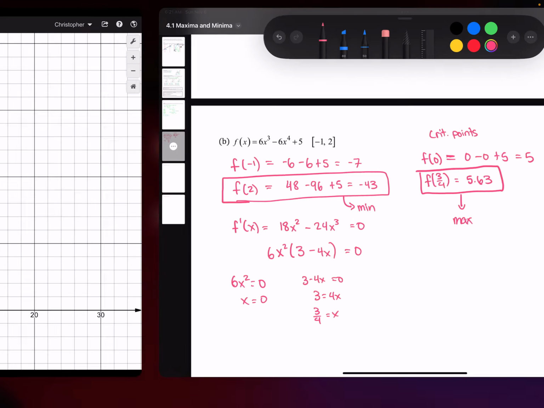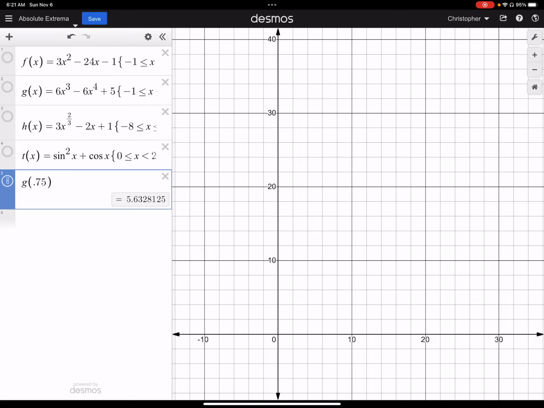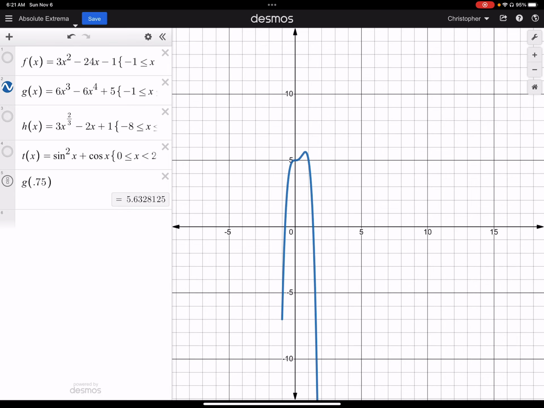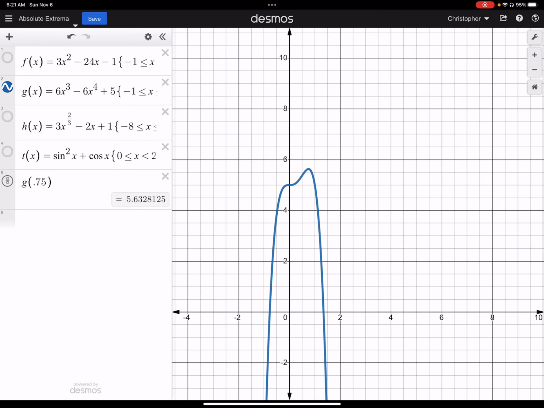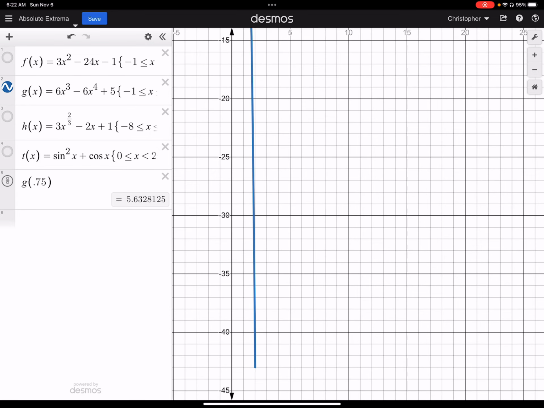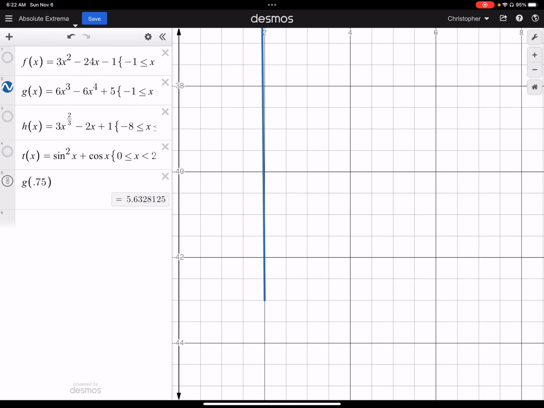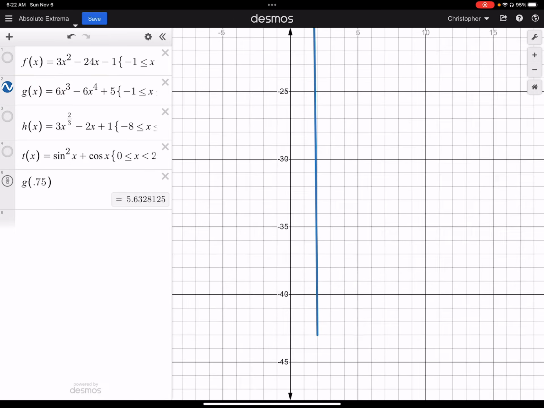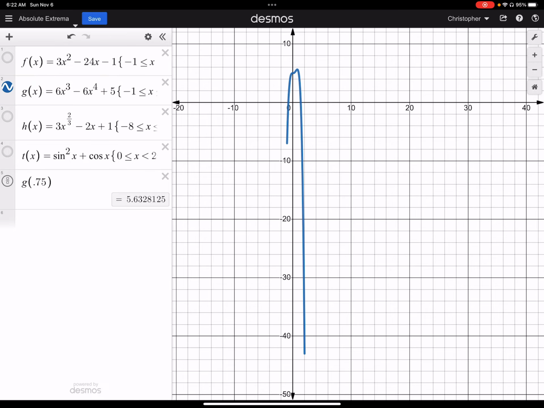So again, if we go to Desmos, turn this graph off, turn this one on, what we see is that at x equals 3/4, we get our maximum, which was 5.63, and really close behind it was what happened at 0. And then way down here, we get that value to -43. All right, so again, just visually confirming what we're doing analytically.